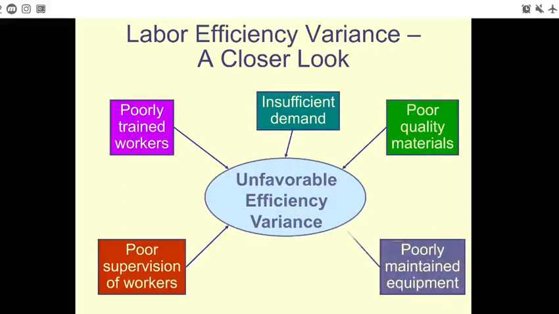Okay, these are several reasons why a business or a company can get unfavorable efficiency variance. One of the reasons is poorly trained workers.